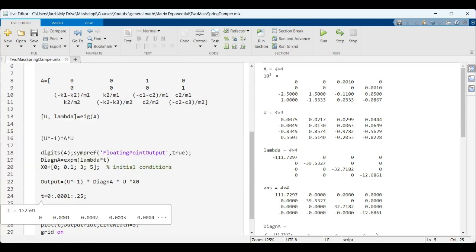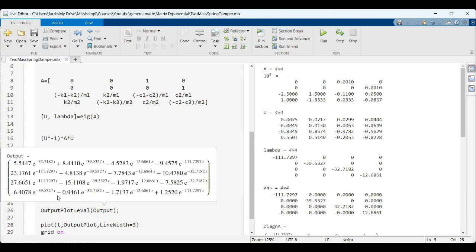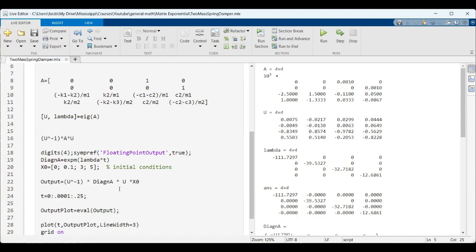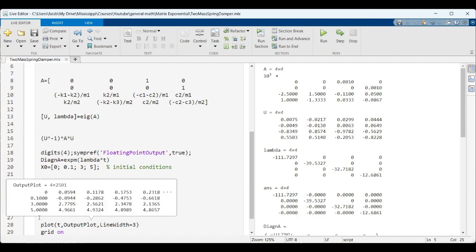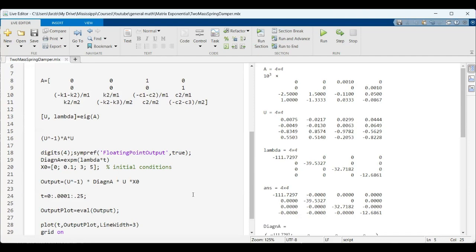So we define t to go from 0 to 250 milliseconds, or 0.25 second. Then we use the eval command to evaluate that output at these t's. And then we plot it.